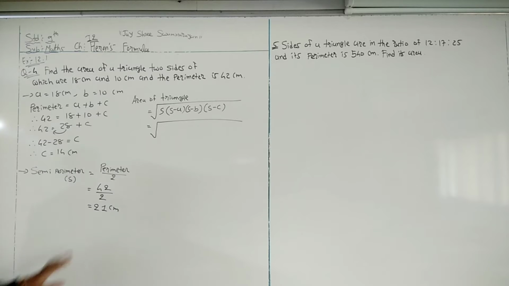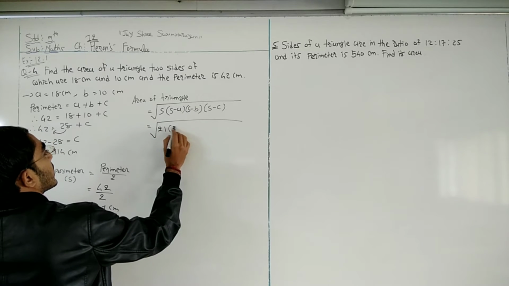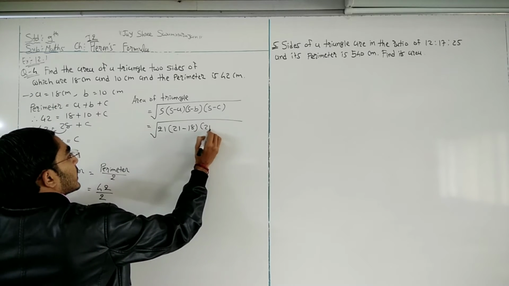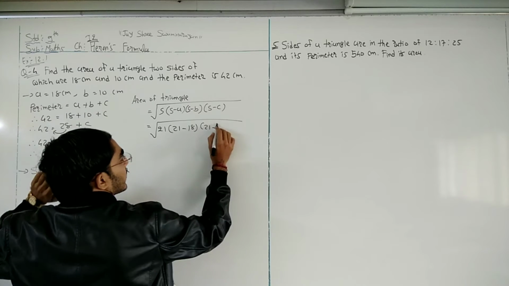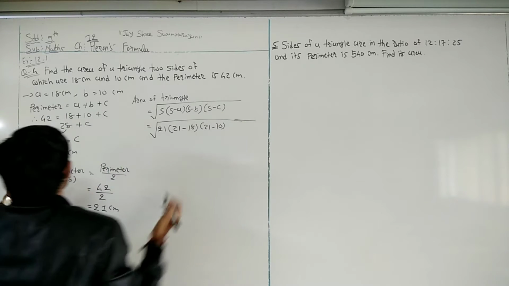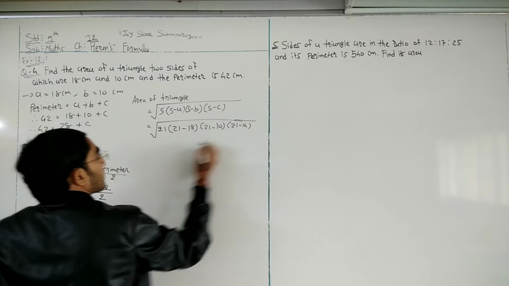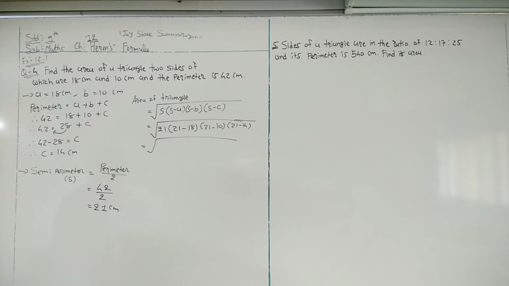Now S is 21. S minus A: 21 minus 18, S minus B: 21 minus 10, and S minus C: 21 minus 14.